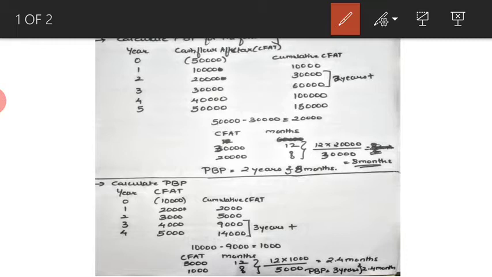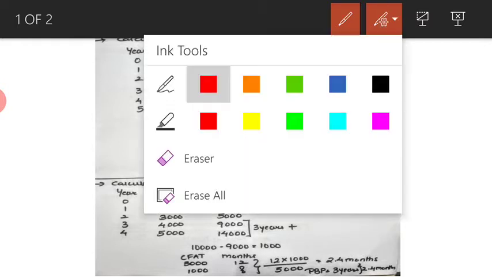It will not be 2 years, 3 years, 4 years, 5 years. It would be 2 years and some months, 3 years and some months, 4 years and some months. Okay, so always remember this. Your answer would be in decimals or in fractions when the initial investment is not found in the cumulative cash flows directly.